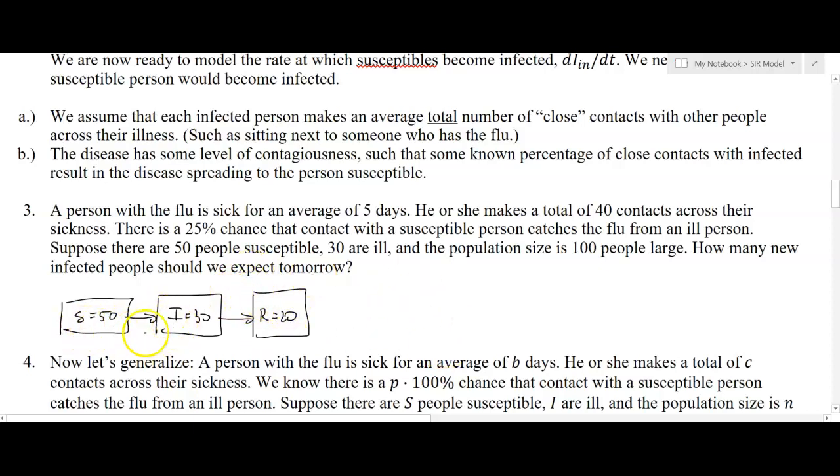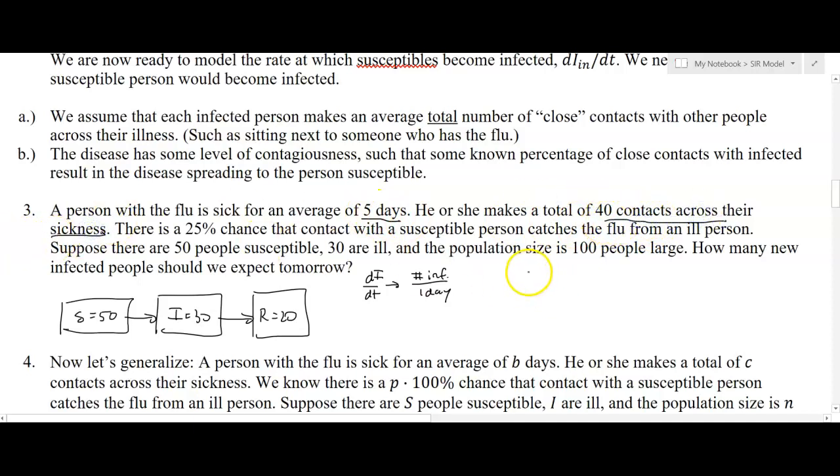With that being the case, S equals 50, I equals 30, R equals 20. First of all, it makes sense to say they're sick across a 5-day period. We know that dI/dt, its units, have to be the number of infected per day. And so, first of all, this is 40 contacts across their sickness.